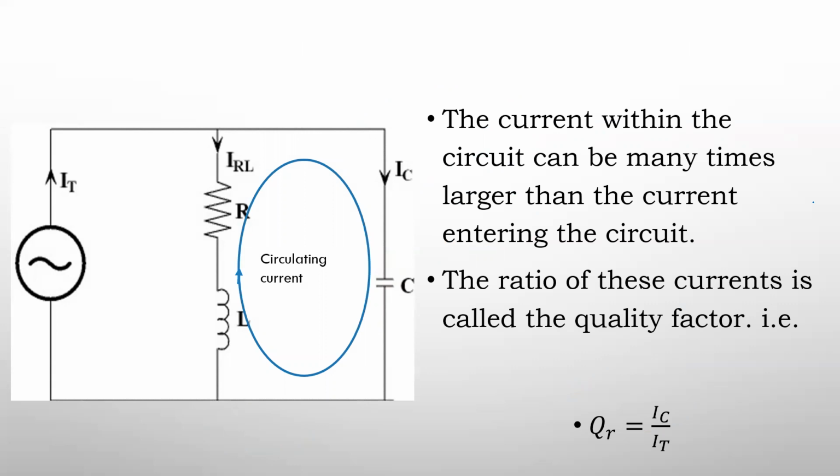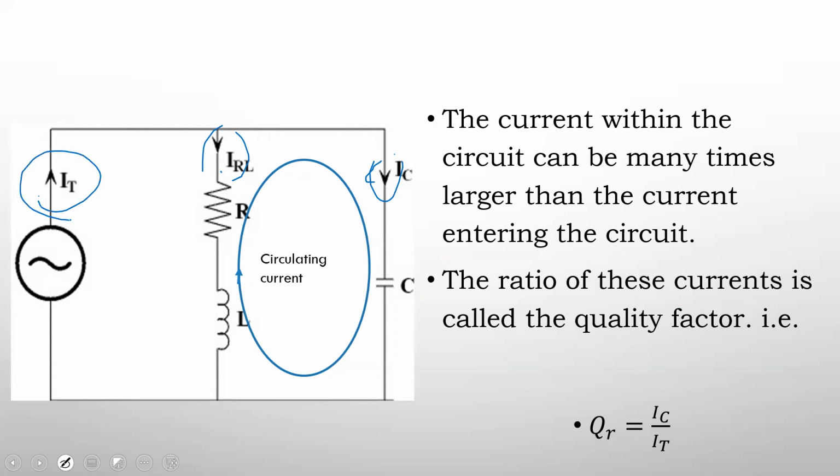So going back to the circuit, remember what we said before, that the current within the circuit can be much larger than the current flowing into the circuit. So the current within the circuit, in this instance, we have IC, we have IRL.